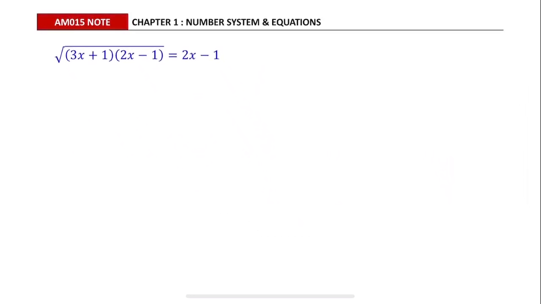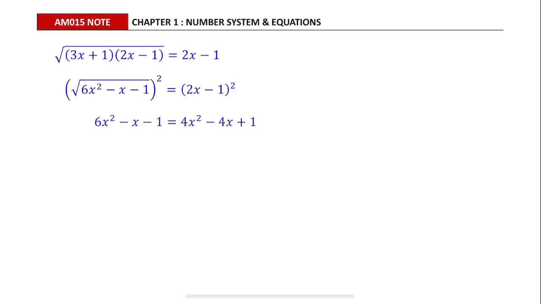Multiply the expressions in the square root and square both sides to cancel out the surd, and we get a quadratic equation on both sides. The quadratic on the right side is from the expansion of 2x minus 1 squared. Simplify the quadratic and leave the right side equal to 0.